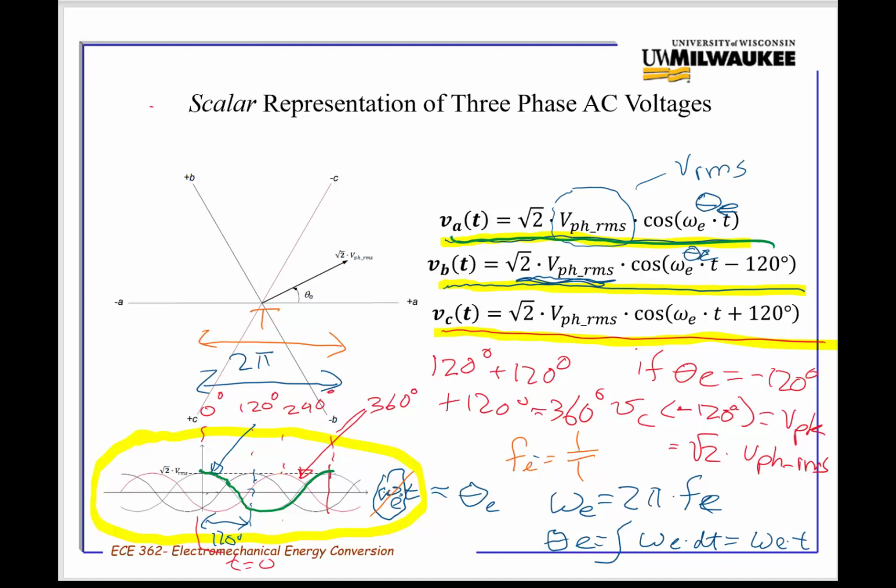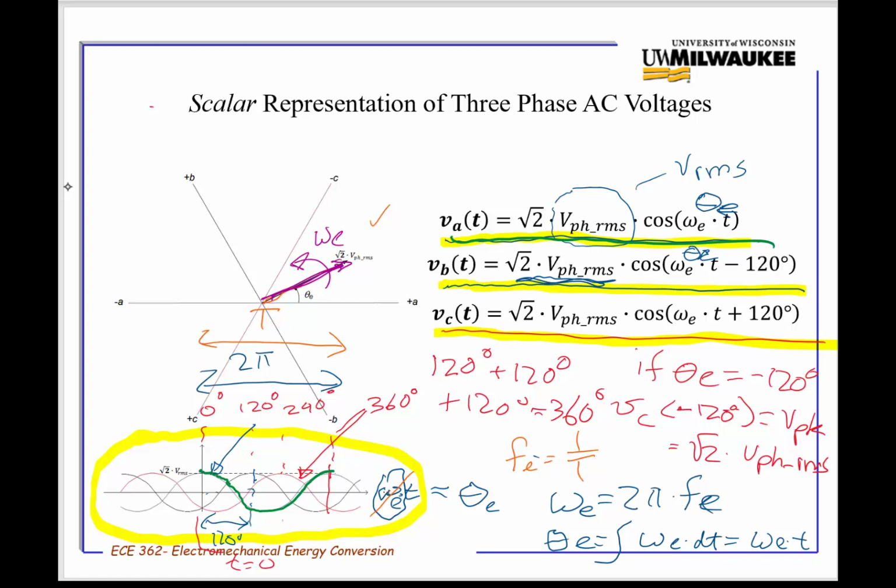So we know that when we get to a full period, we can definitely see this in this polar representation of everything up here. Let's consider that we have a phasor. The phasor is rotating at a constant speed of omega e.